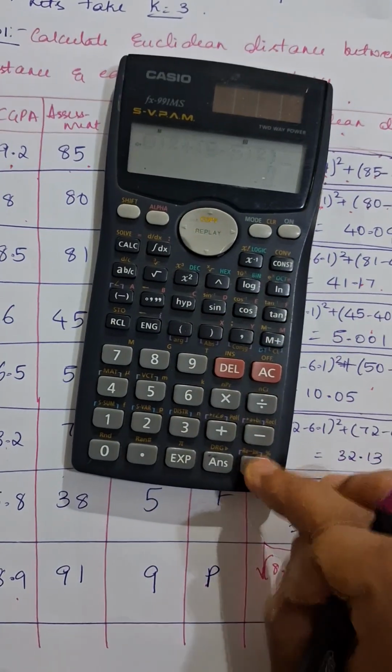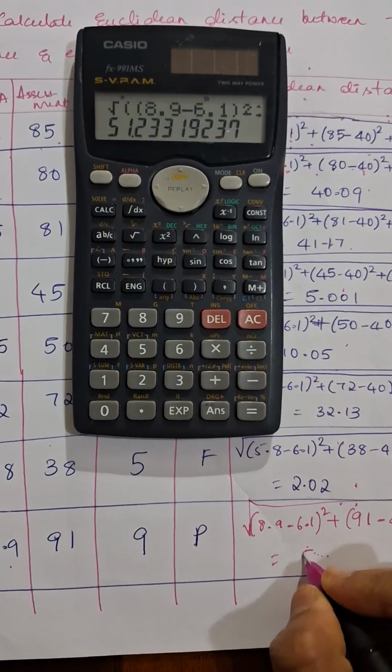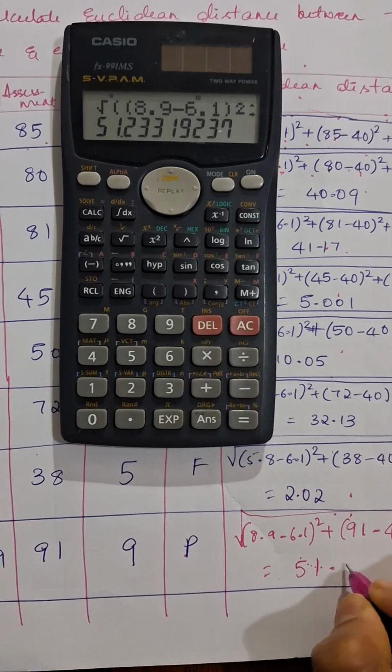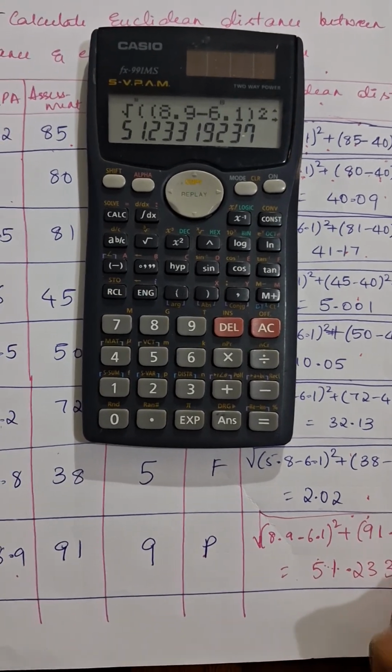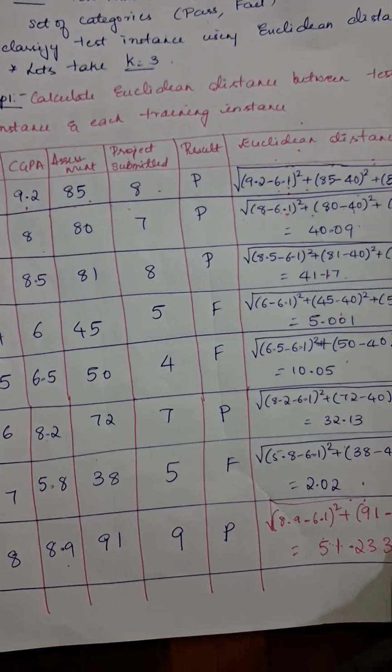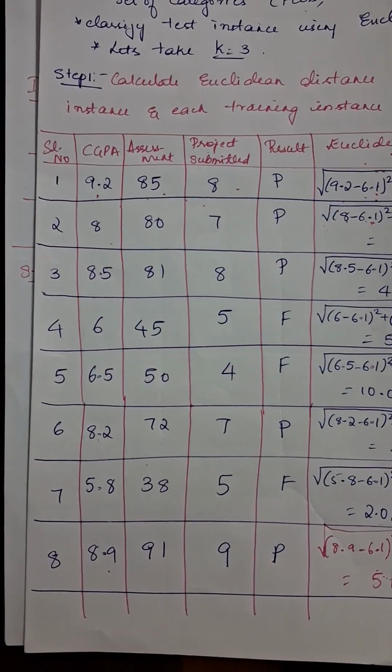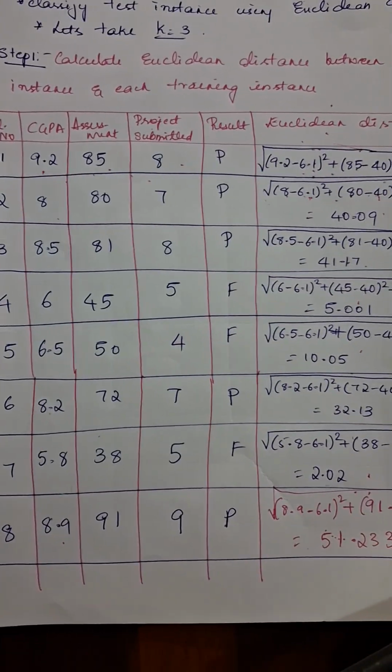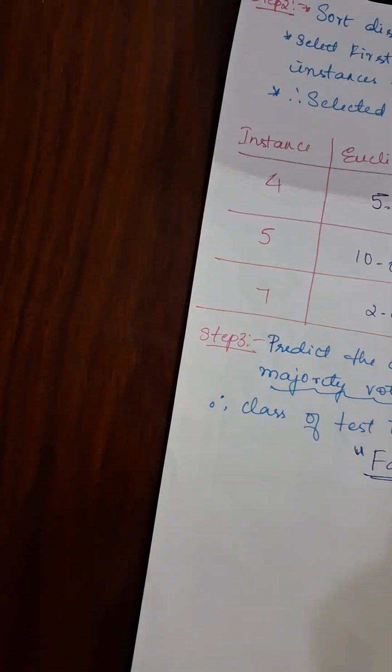Close the brackets. So you are getting the value as 51.2331, rounded to 4 decimal places. So this is step 1. We found the Euclidean distance for all the training instances with respect to the test instance.